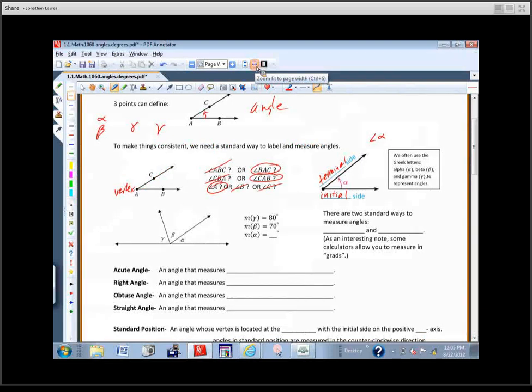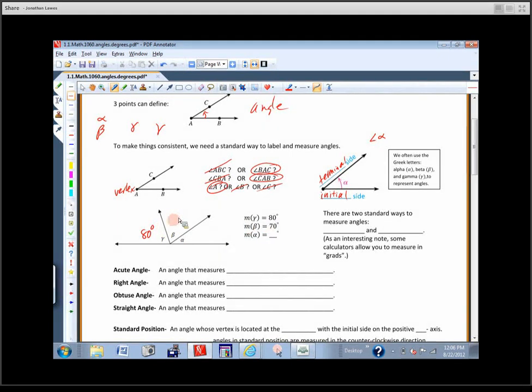All right. So let's talk about this diagram right here. So we've got angle alpha here, angle beta here, and angle gamma here. Now this little m with the angle name inside of it represents the measure. So this literally means the measure of angle gamma. So this would be 80 degrees right here. This is the measure of angle beta.